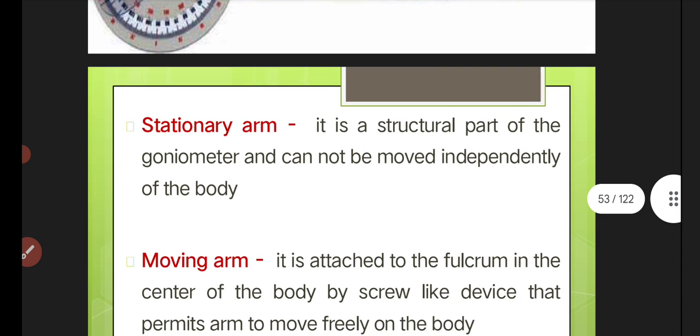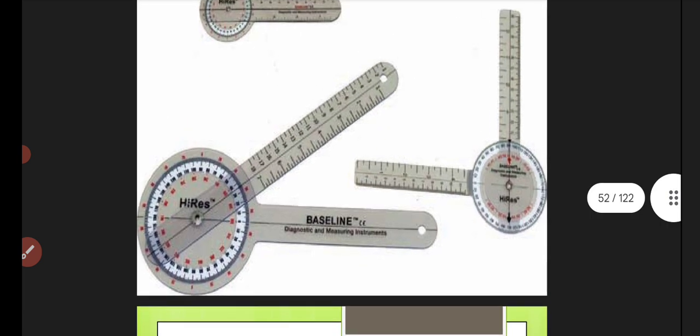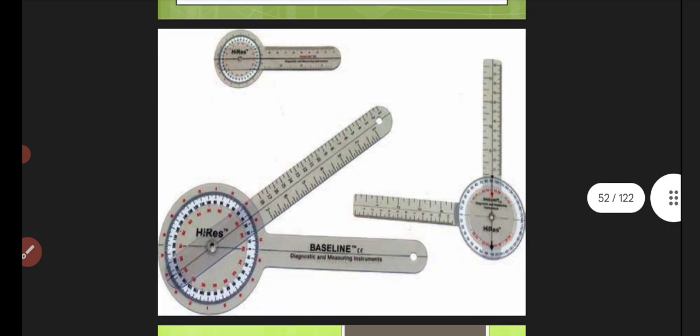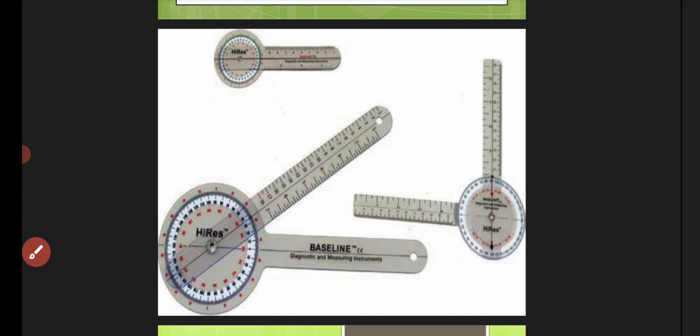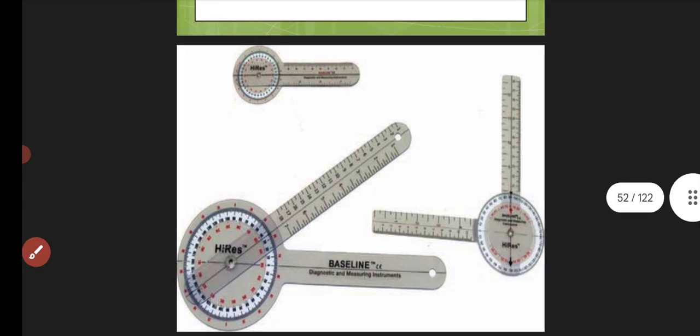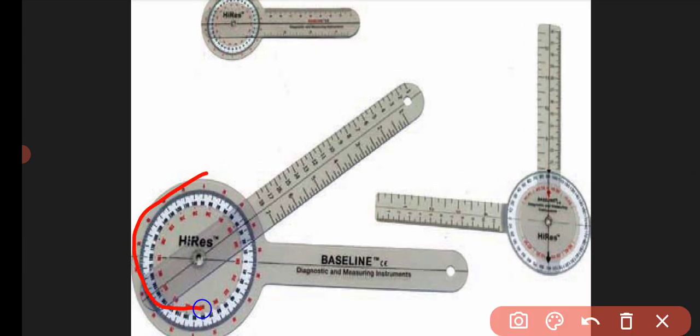The stationary arm is a structural part of the goniometer and cannot be moved independently of the body. So this is one of the goniometers.